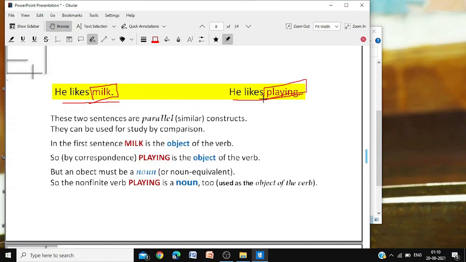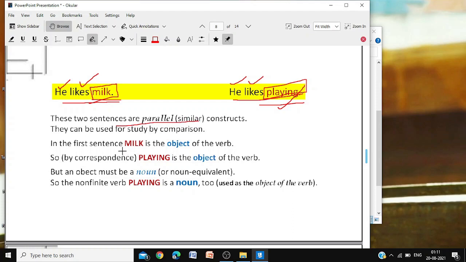These are called parallel constructs, similar constructs, so that we can have a one-to-one correspondence. He, subject, corresponds to he. Likes, verb, corresponds to verb. Milk, which is the object, corresponds to playing, which is the object.